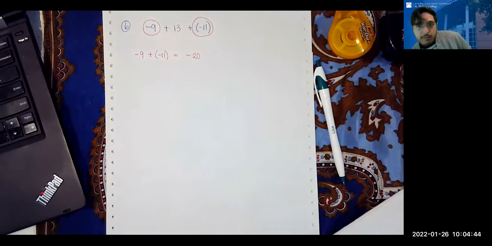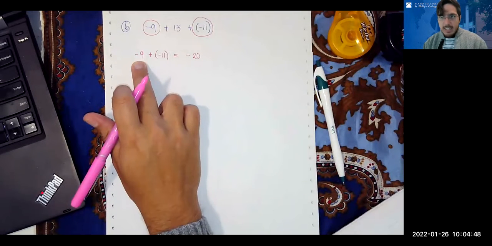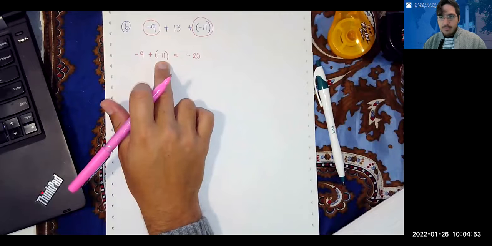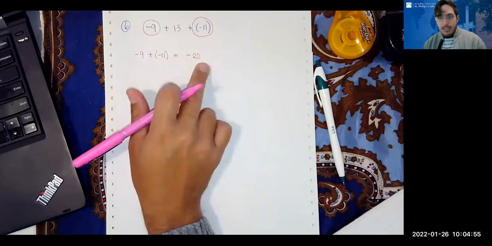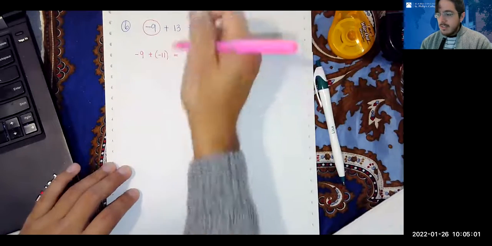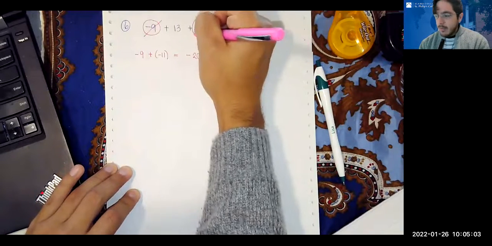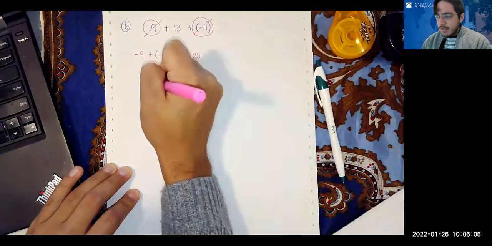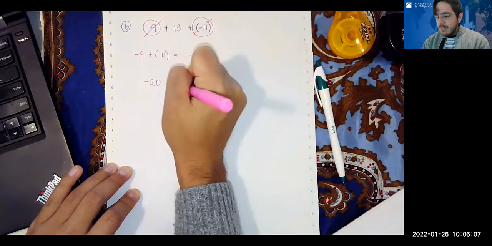And again, we should have -20 because think about money. If I have -9 in the bank and I spend $11 that I don't have, then I should owe the bank more money. Okay. So now we can take that result, since we worked with the -9 and the -11, and we'll add 13.